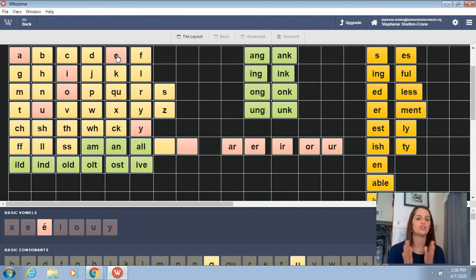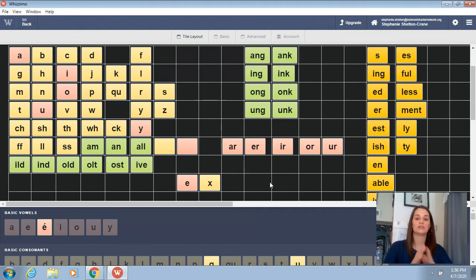First syllable is X. Second syllable is plode, P-L-O-D, plode.